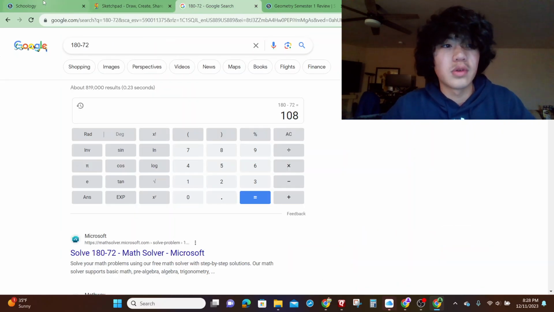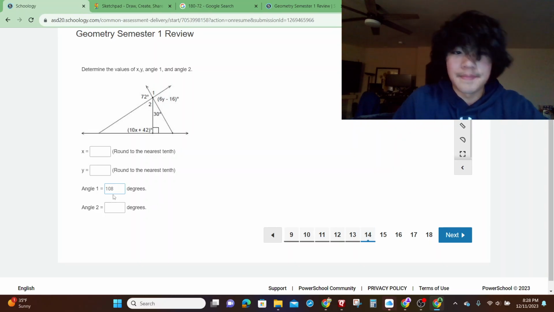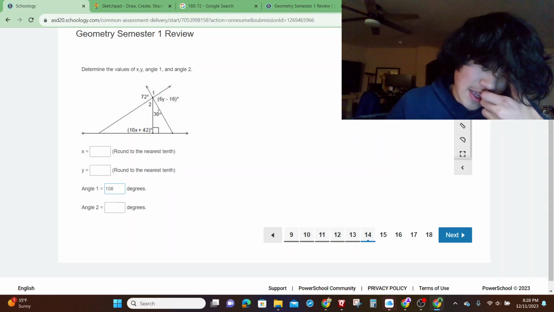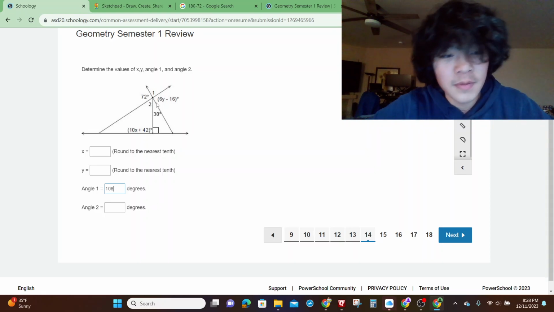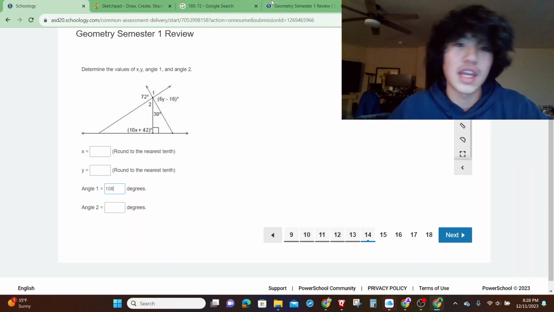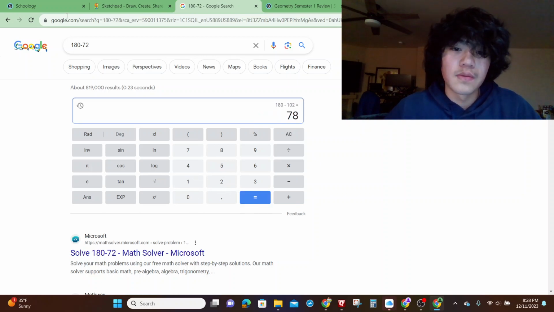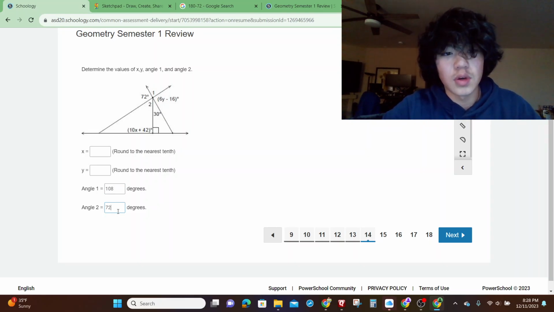So 108 plus 72 is 180, which means the missing angle is 108. Then we can do the same thing here. As this angle is 30, so 30 plus 72 gives us 102. So 180 minus 102 would give us 78. So we already have angles 1 and 2.